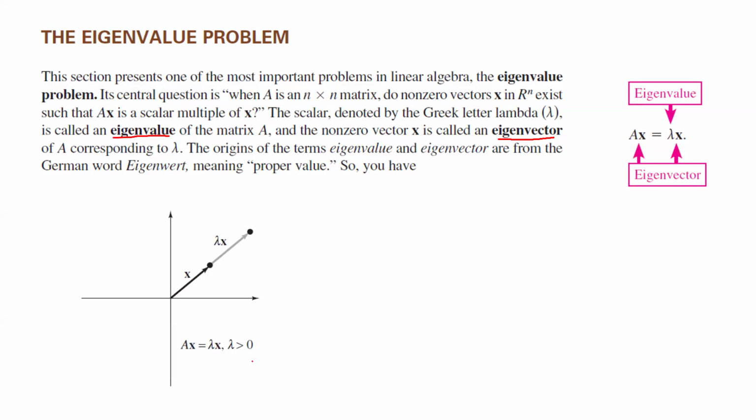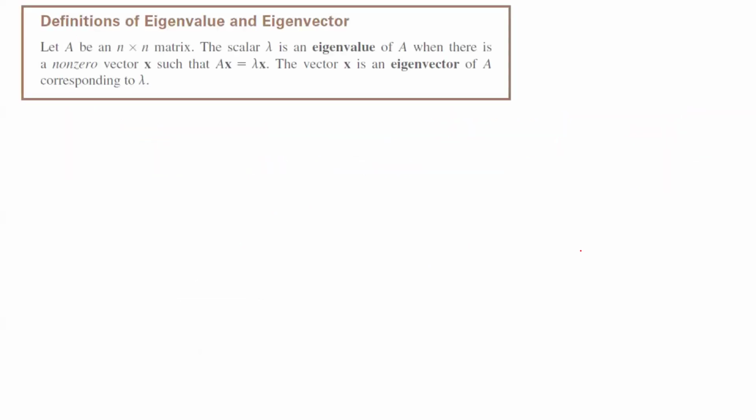If lambda is positive, setting Ax equal to lambda x results in x multiplied by lambda. Lambda is just a number, so you have a larger vector in the same direction. But if lambda is negative, you have a vector in the opposite direction. So you have vector x, and lambda x is in the opposite direction.